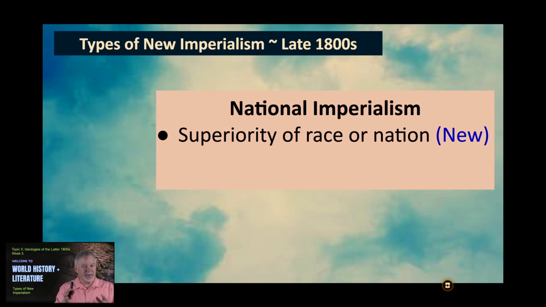We talked about this in previous videos, the idea that certain races had the right, had the evolutionary advancement, to dominate, take control of, or do something with those that were inferior in race.